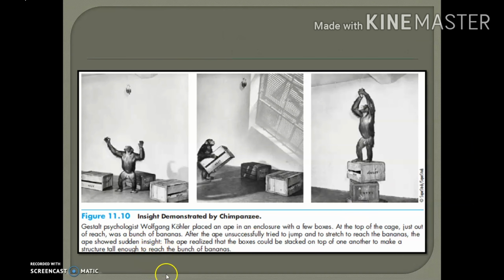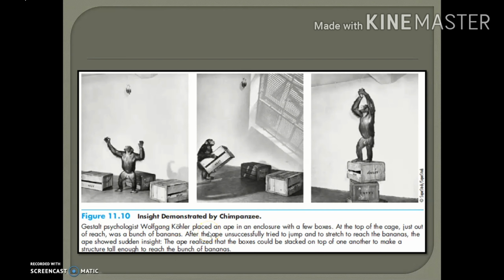And we have here Wolfgang Kohler, a colleague of Wertheimer's. He studied insight in non-human primates, particularly a caged chimpanzee named Sultan. According to Kohler, the ape's behavior illustrated insight.